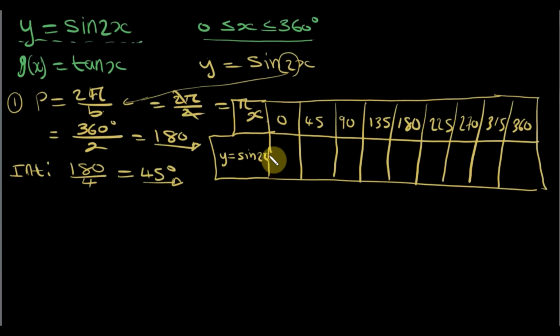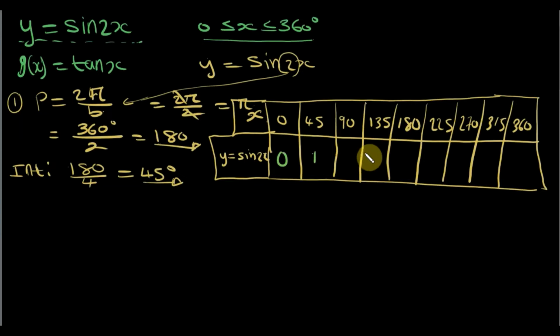Sine 2 times 0, sine of 0, it's 0. Sine 2 times 45 is the same thing as sine 90, so that's 1.